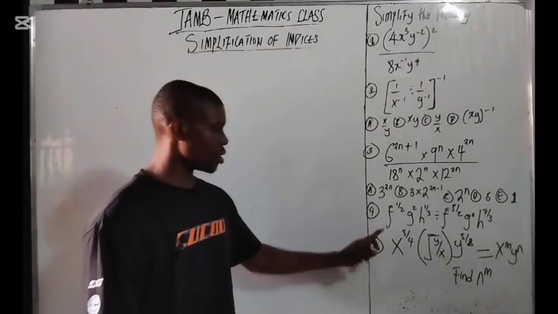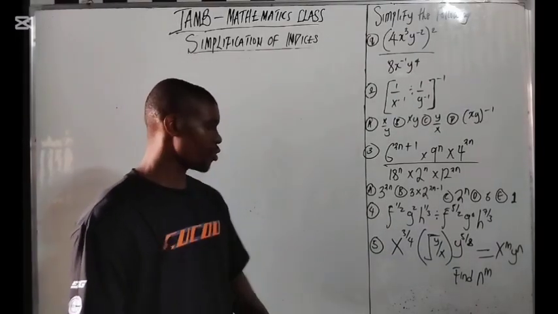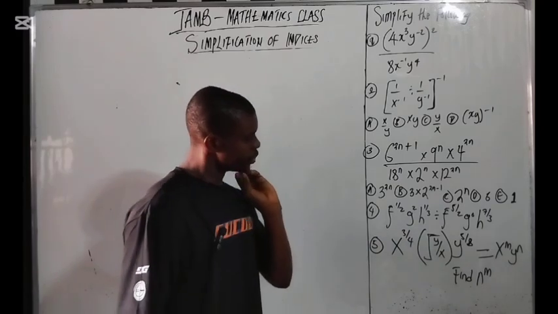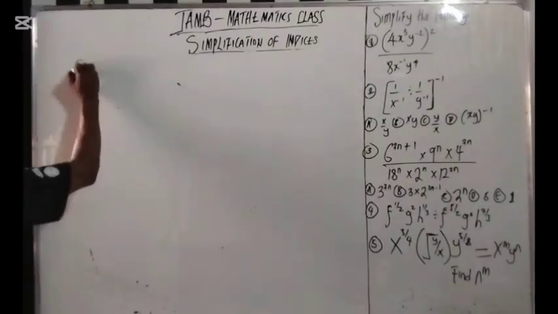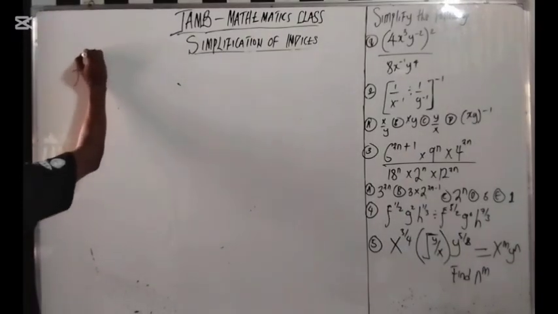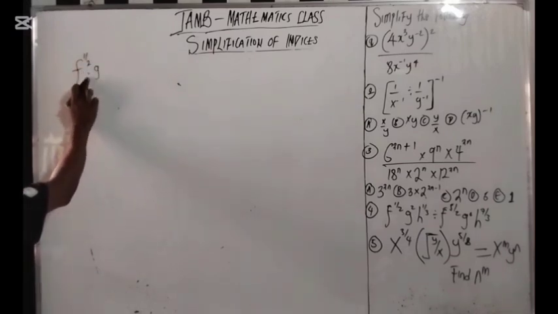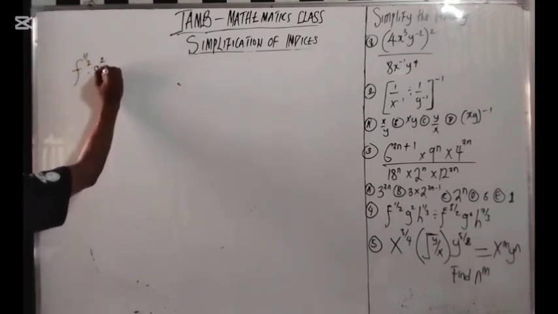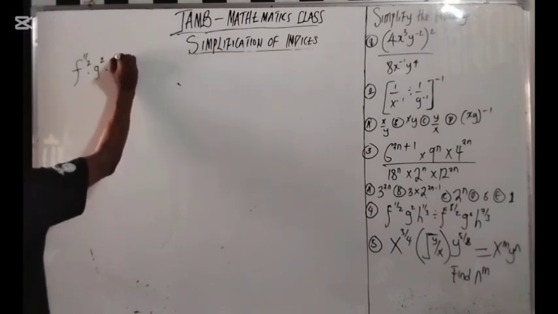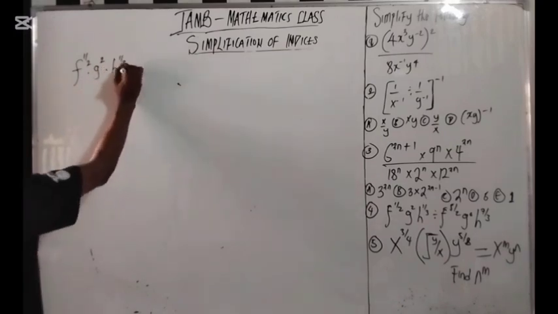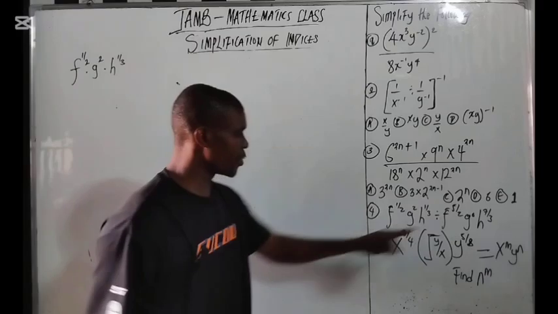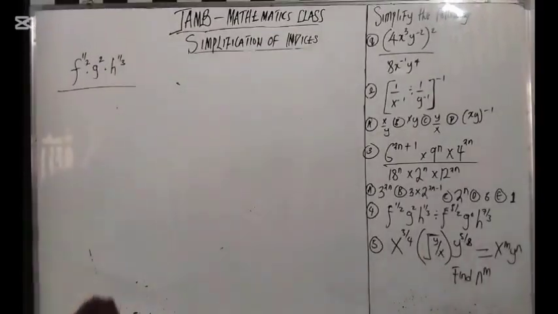Now let's talk about question 4. Yes, question 4. Look at it very well. So I'm going to write here F(1/2) dot, which is times, G(2), then H(1/3), right? Now this divide means what? So let us take it like that.